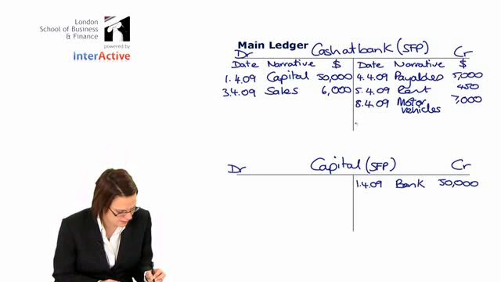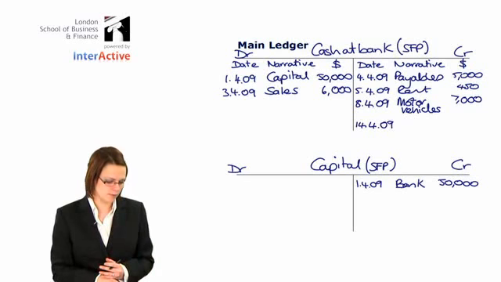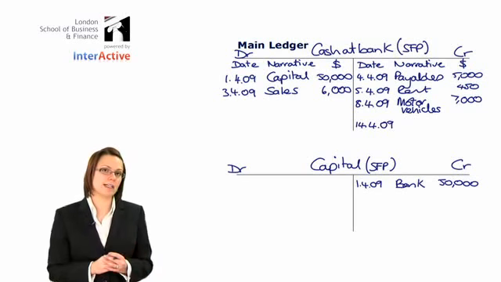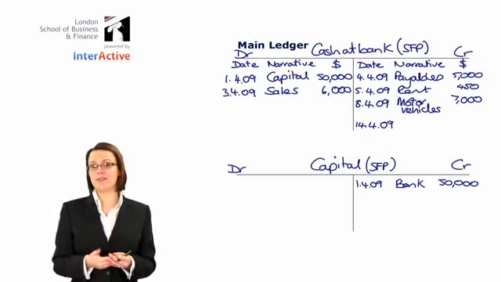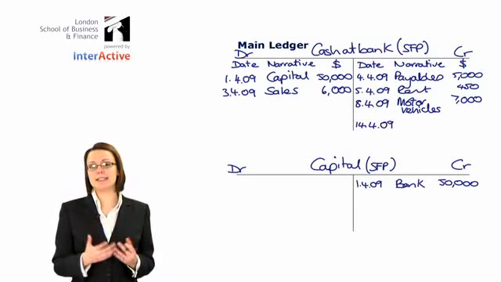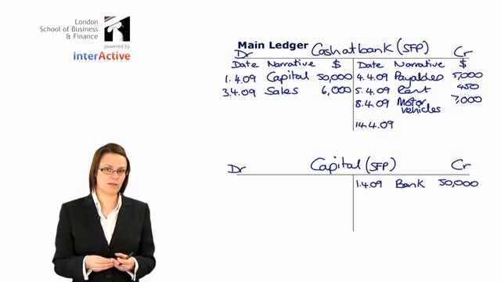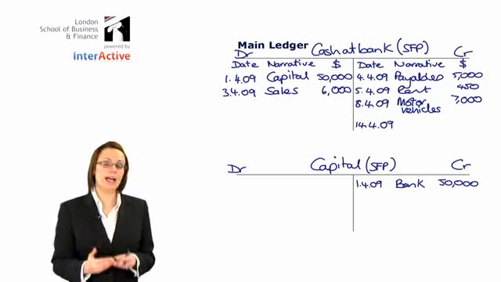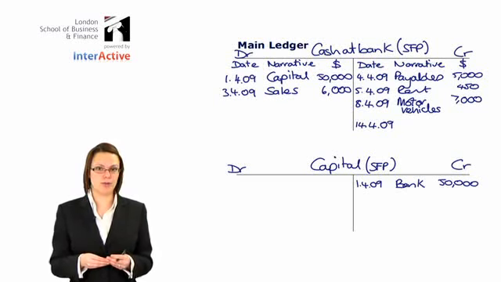So on the credit side then, 14th of April 2009, we're going to insert our balancing figure, but we need to give it a name. Well, this is essentially our closing balance, what I refer to as a balance carried forward.